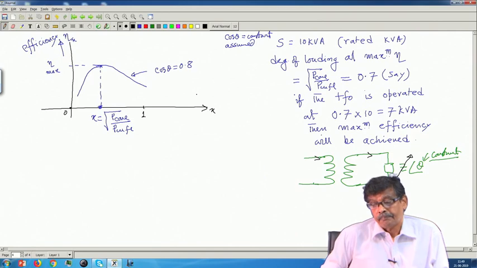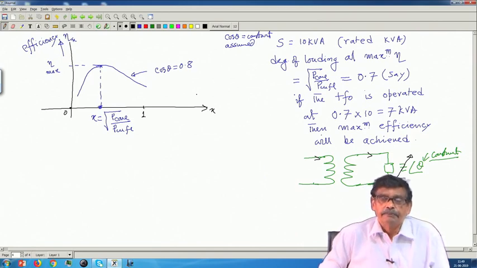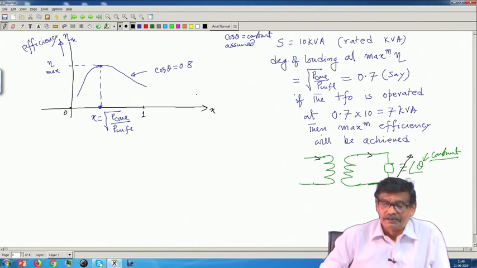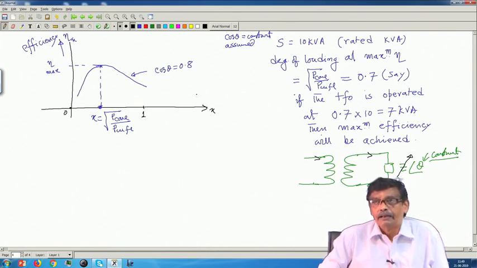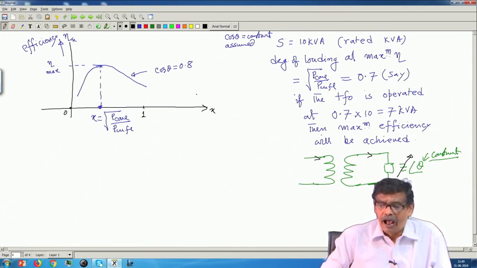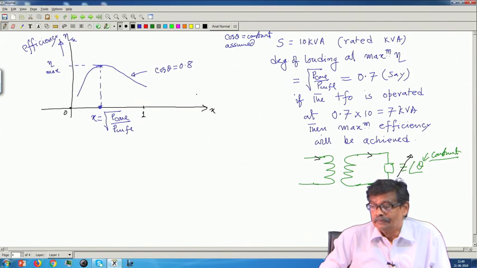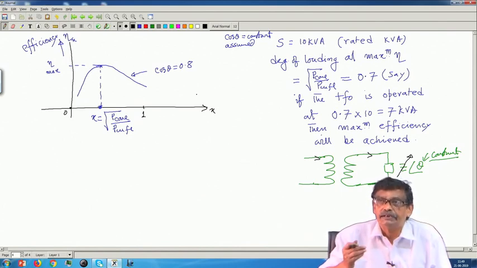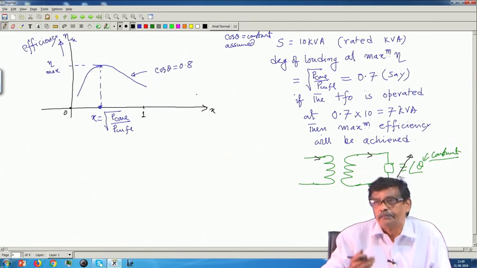Okay. After I get this curve, then I will ask myself, as a user of this transformer, at what value of x efficiency should be maximum.